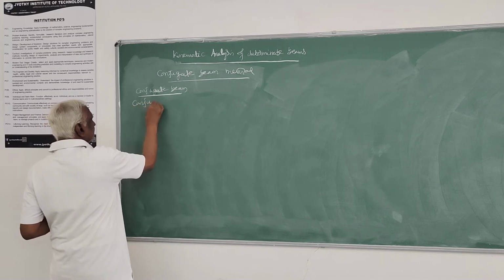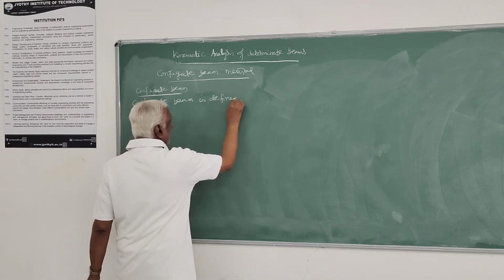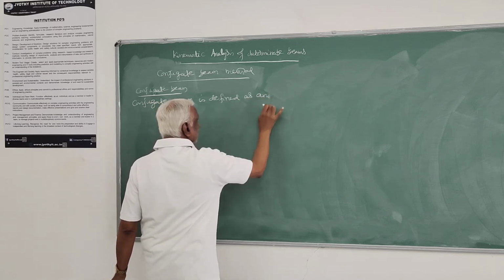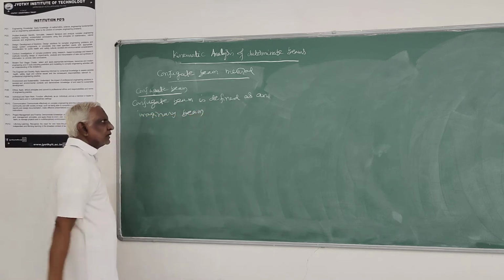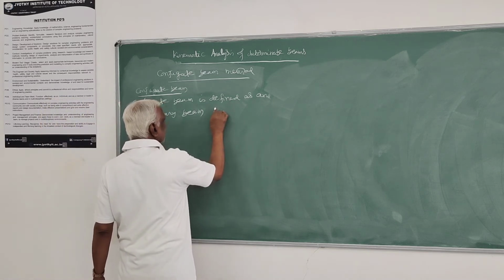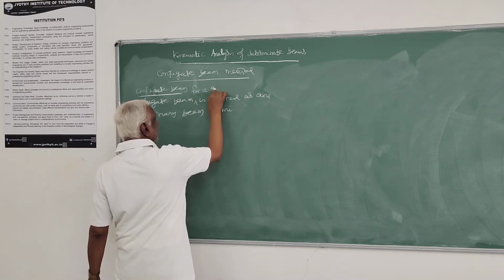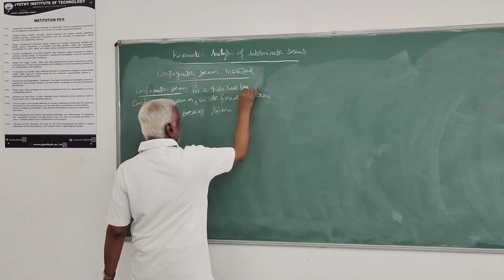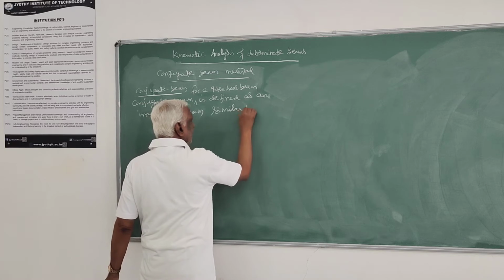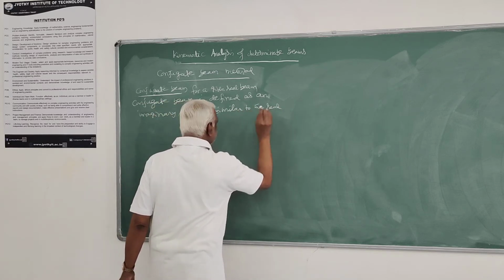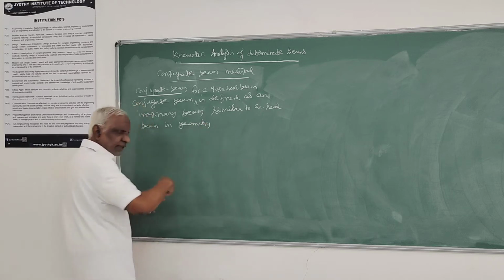The conjugate beam is defined as an imaginary beam, similar to the given real beam in geometry, that is span and area of cross section.